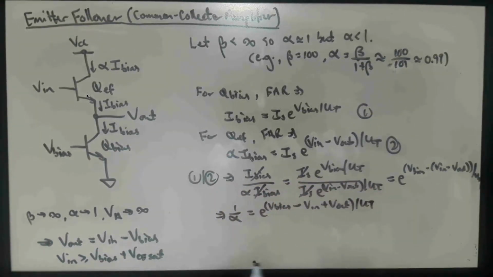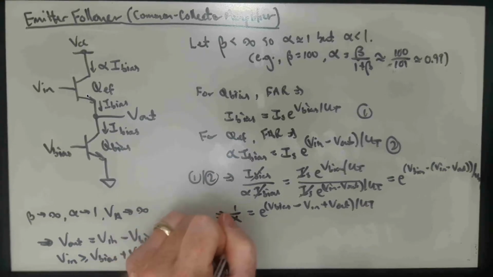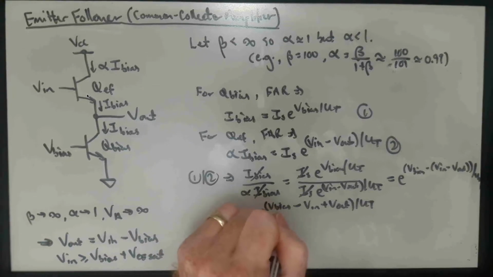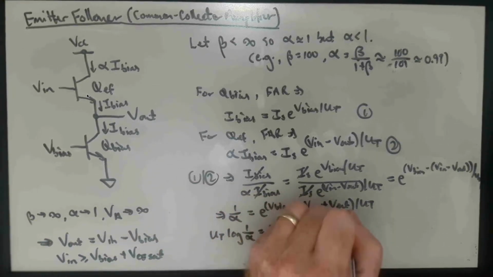We take the log of both sides and we multiply by UT. We get UT log 1 over alpha is equal to V bias minus V in plus V out.